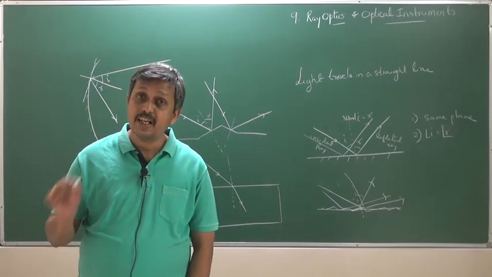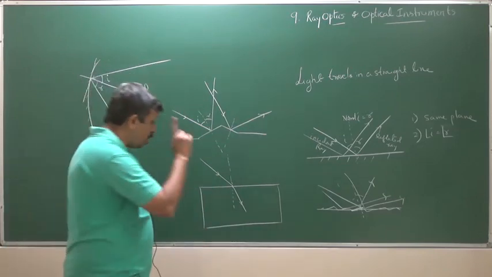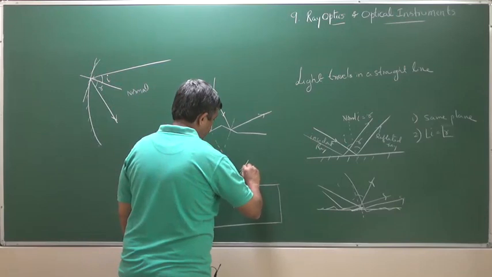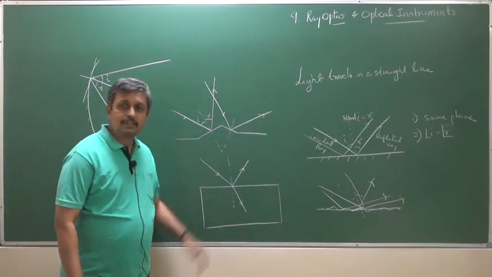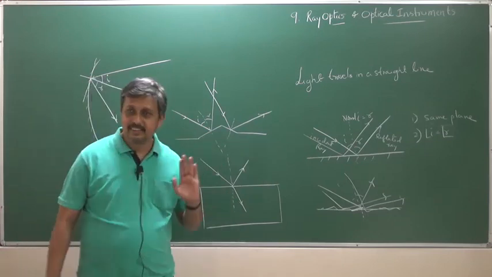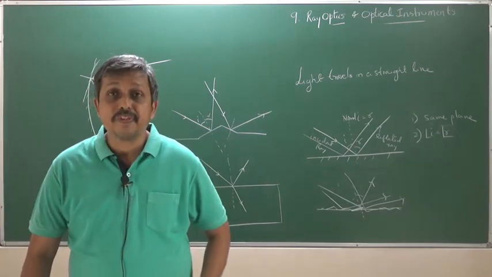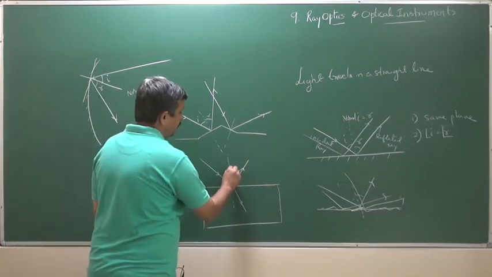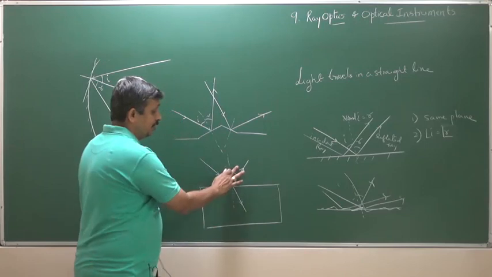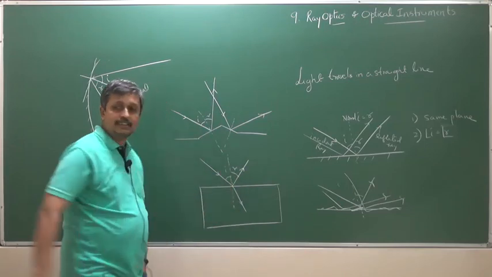But when refraction happens, reflection also happens. Some part of the light goes inside, and some part of the light reflects. The part of the light that reflects will follow the laws of reflection only. So this is equal to this.